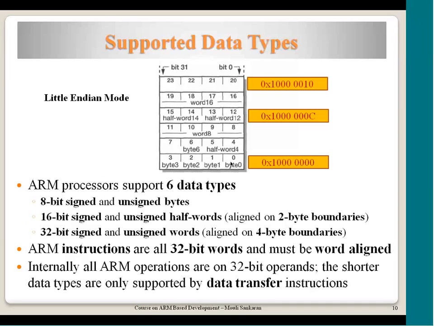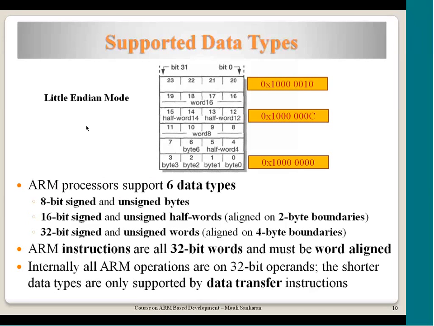Based on that, they have to use the proper instructions while transferring the byte from memory to register. Based on the instruction, the processor will either sign extend it or 0 extend it, so that a complete 32-bit value is got in the register and it can operate on it.